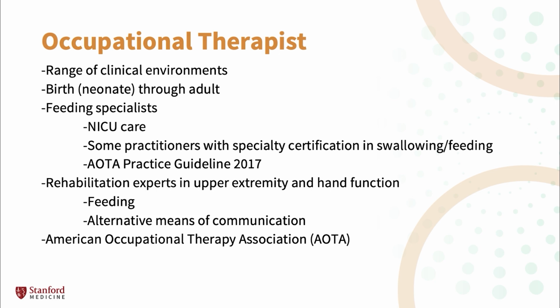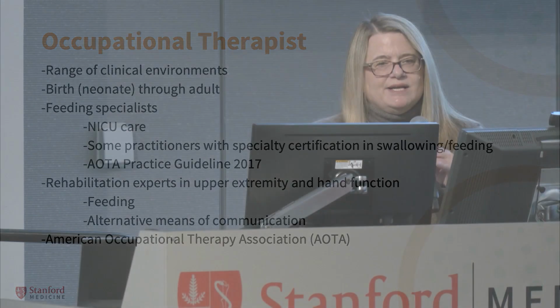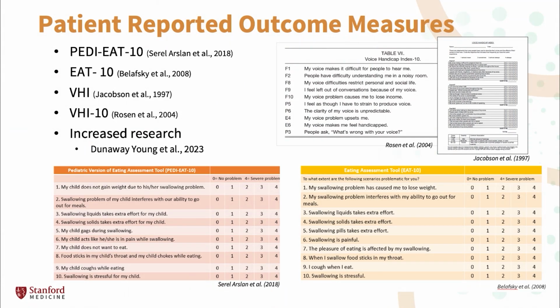When I spoke of the people involved in bulbar care, I did highlight that patients, caregivers, and families are at the center of this care. And there's increasing use, in both the clinical and research domains, of patient-reported outcome measures. You don't have to be able to read all of these items. I just put a few of the bulbar patient-reported outcome measures that are currently being used.